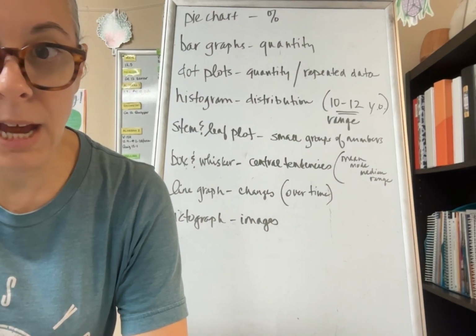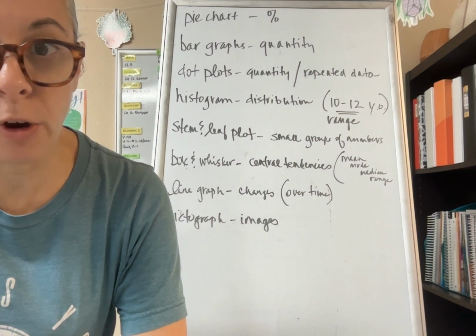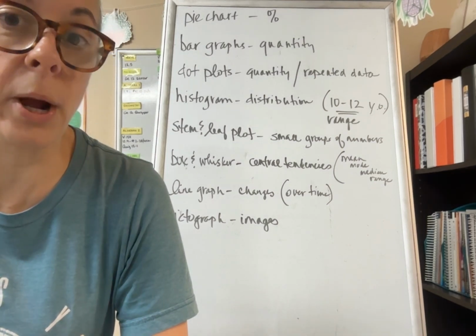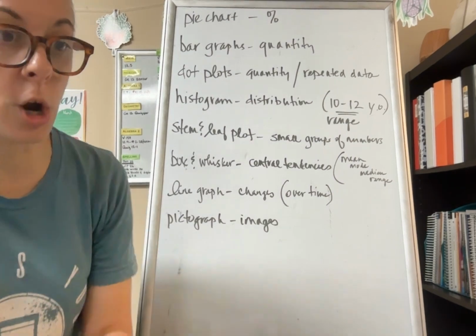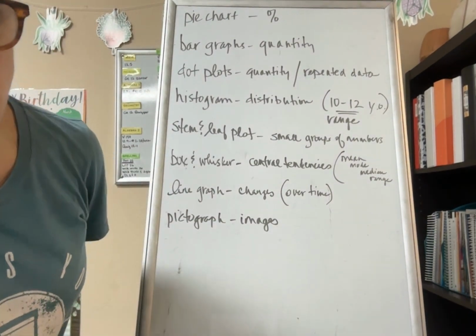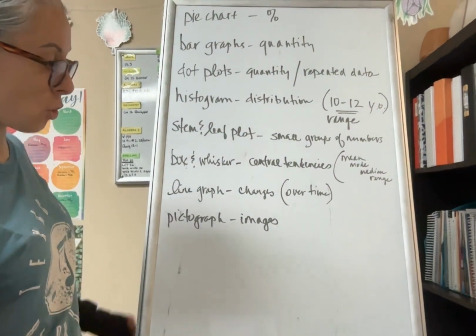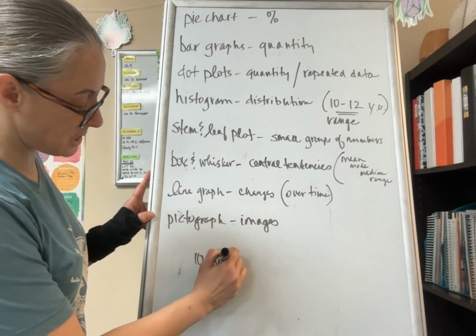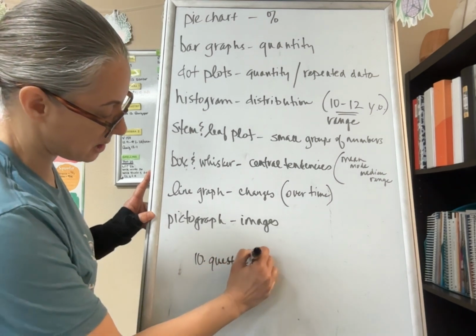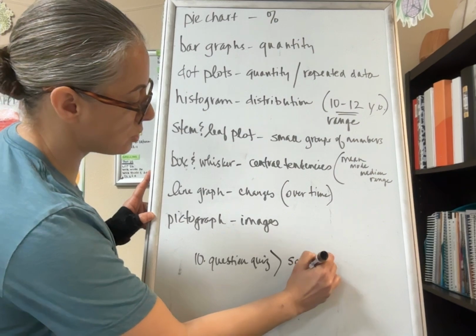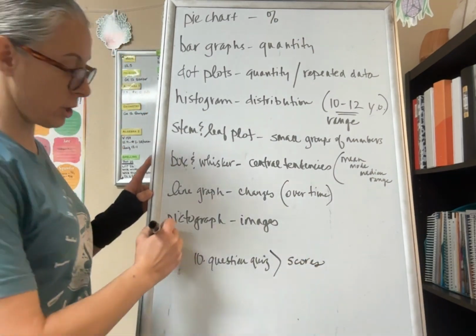Okay, so let's go back to example 1. We've got 8 types of graphs that we're going to choose from, and let's see what we think would work best. What if we were going to graph the numerical scores for a 10-question math quiz? So we've got a 10-question quiz, and we want to show those scores on a graph.